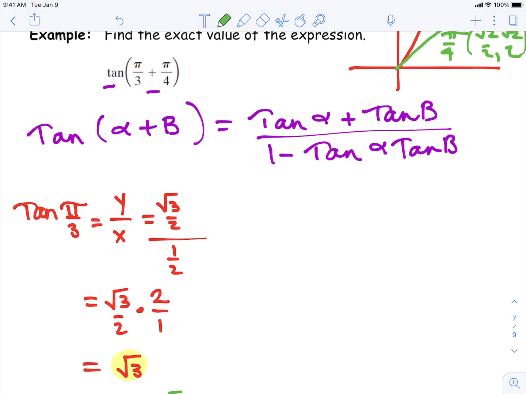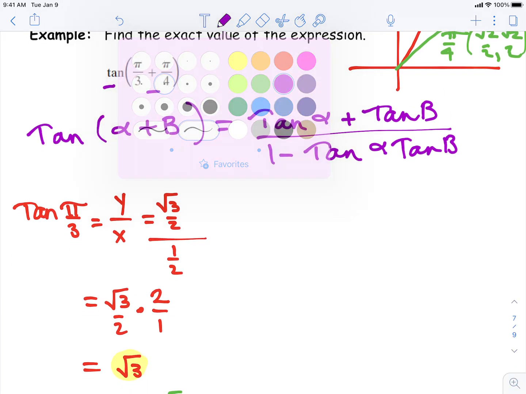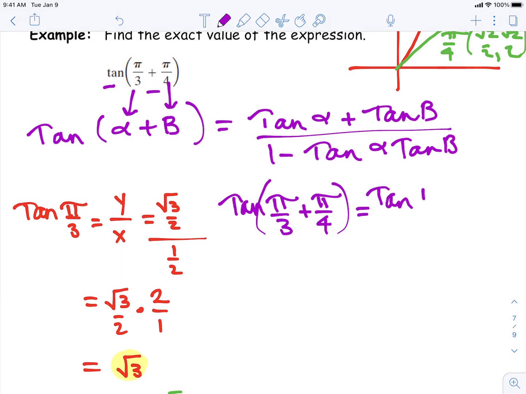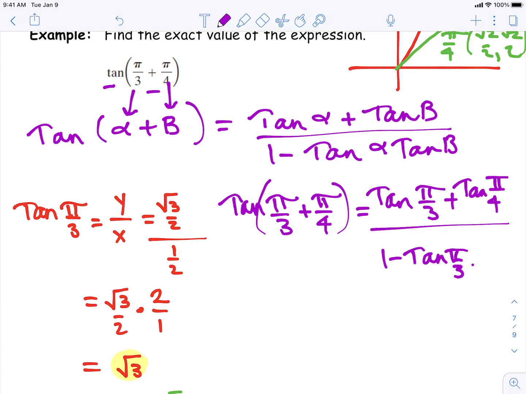So here we go. It's asking us to find the tangent of pi over 3 plus pi over 4. So this is our alpha, and that's our beta. So we say the tangent of pi over 3 plus the tangent of pi over 4, all over 1 minus the tangent of pi over 3 times the tangent of pi over 4.